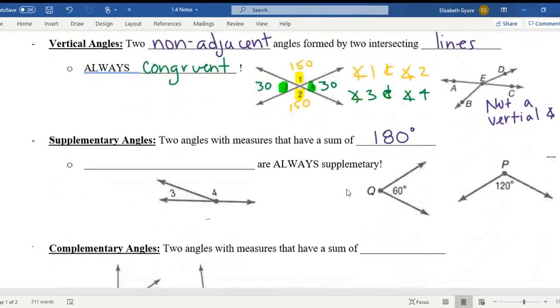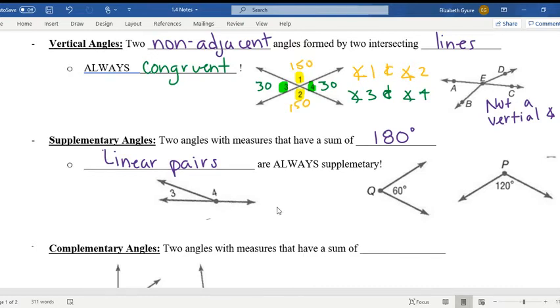Linear pairs are always going to be supplementary because they always add to be 180 degrees. So linear pairs are just a special type of supplementary angle. So linear pairs are always supplementary. So if you take a look at this first diagram here with angles 3 and 4, that's just another example of a linear pair.